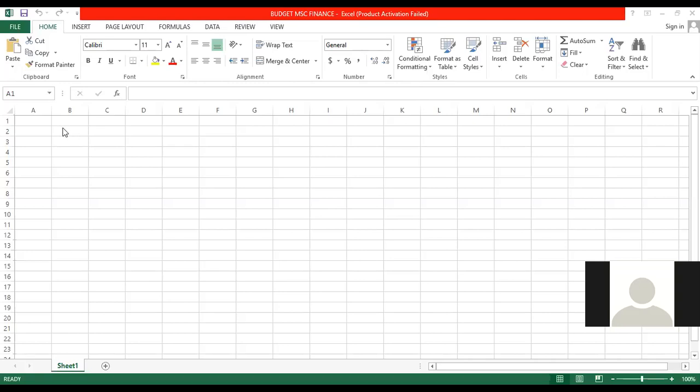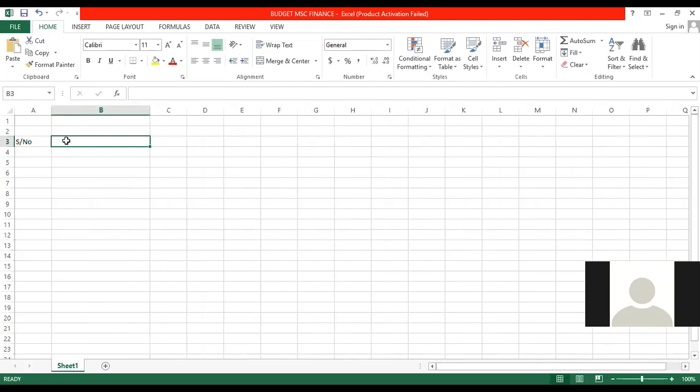Now, if we are to develop a budget in a project, the first column will be our serial number, is it? The second column will be about what? Item, or particulars?